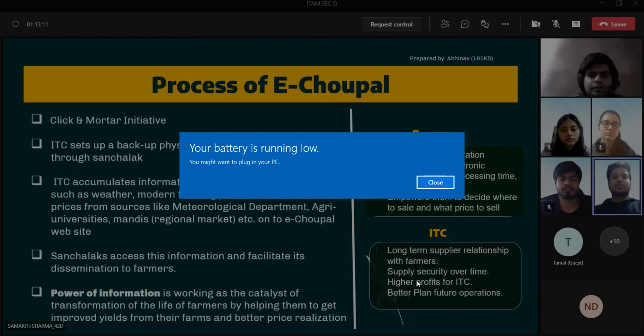As we talked about, it leverages IT to cluster all the value chain participants, delivering the same benefit as vertical integration techniques do in advanced economies like America. It is a portal initiative where village internet kiosks are managed by farmers whom they call sanchalaks.